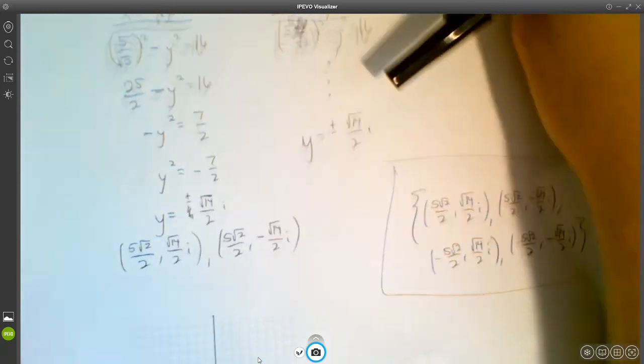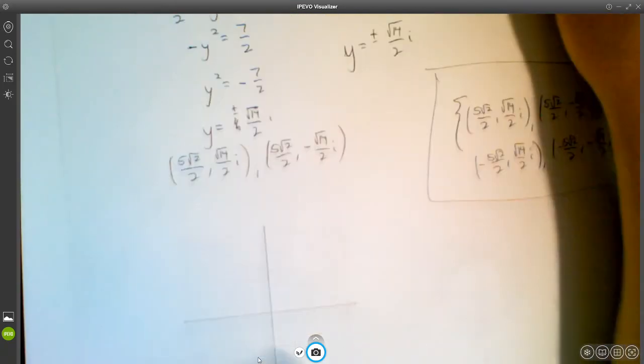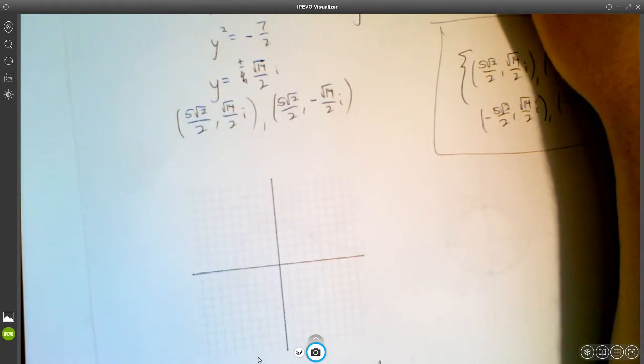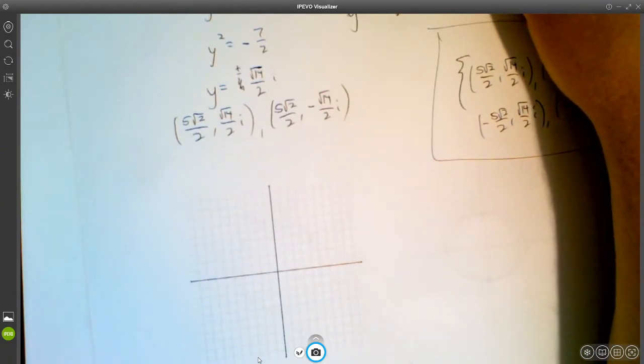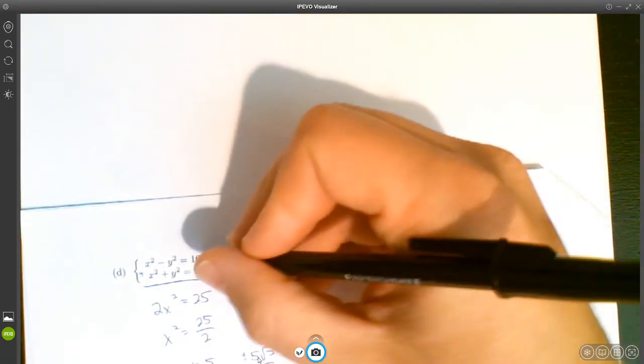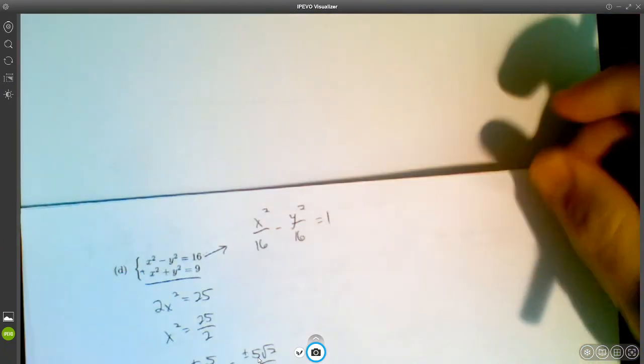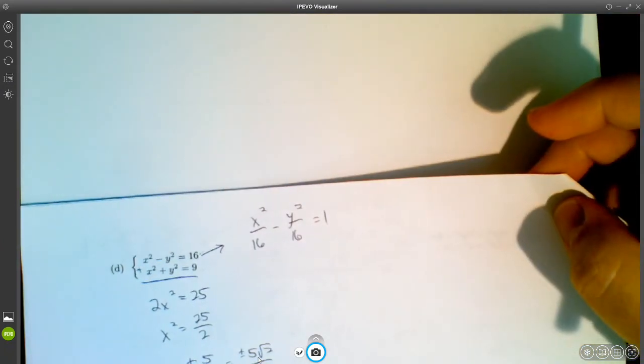So what that tells me is that when I graph this, the graphs should not intersect anywhere in the real axis system. Well, let's see. The top equation, as we said, was a hyperbola. If I divide through by 16, then I see that it's centered at 0, 0, and m and n are both 4.